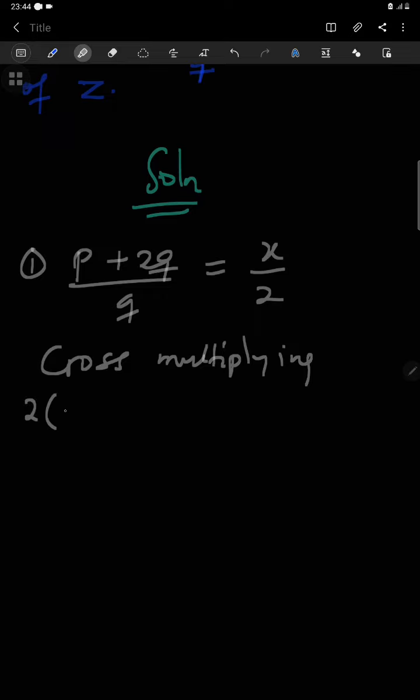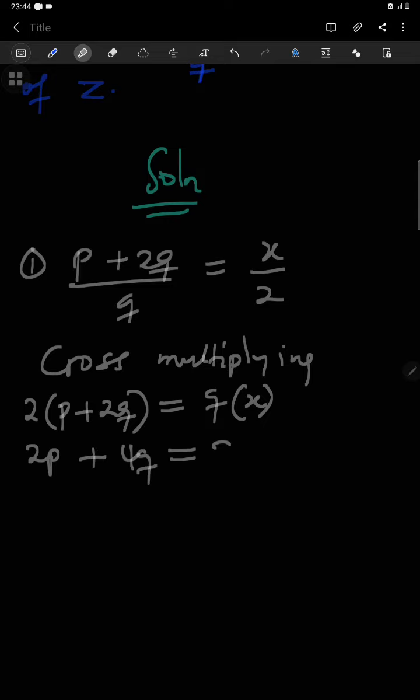So we get 2 into p plus 2q, equals q into x. So this is 2p plus 4q equals qx, or xq. You can say either xq or qx, it doesn't matter.